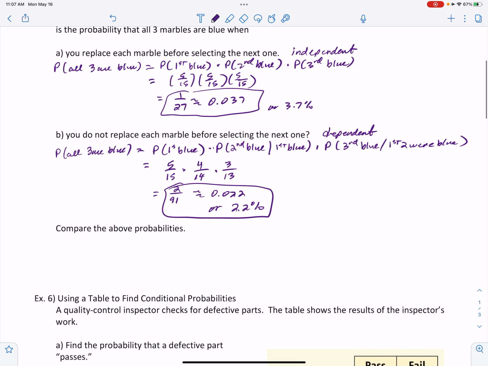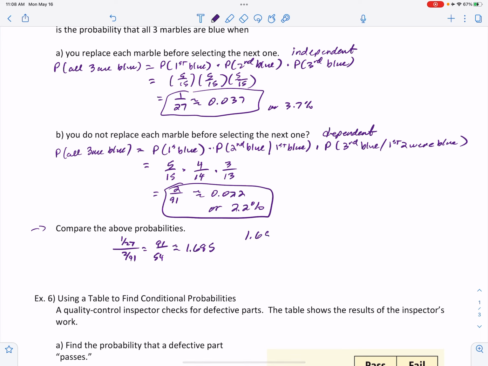And then they have this compare the above probabilities. It's just a method of how they want you to compare it. They just want you to get how much more likely it is to get 3 blue marbles when you don't replace than when you do. And that is just the ratio of your first probability to your second. That comes out to 91 over 54, and as a decimal is 1.685.